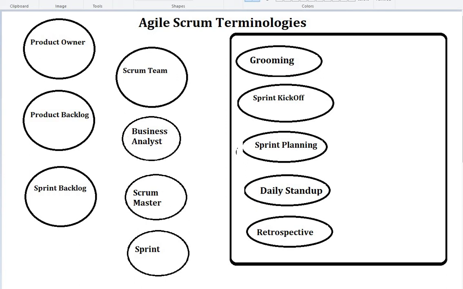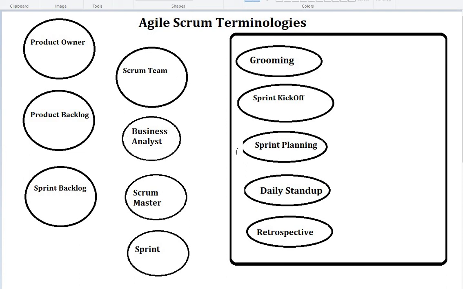This person knows in great detail about the application you have and also has a clear vision of what the customer wants to be delivered. So this is the person who defines that type of role.